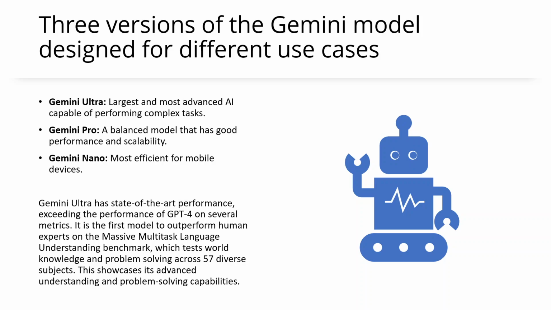First is Gemini Ultra, which is the largest and most advanced AI, capable of performing complex tasks. Followed by Gemini Ultra is Gemini Pro, which is a balanced model that has good performance and scalability. And next is Gemini Nano, which is the most efficient for mobile devices.